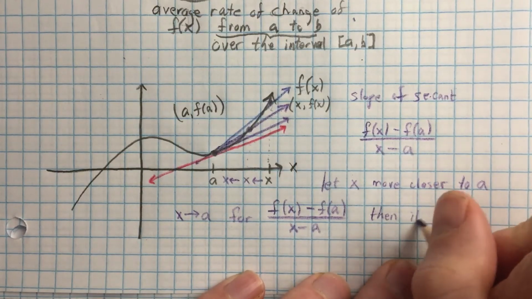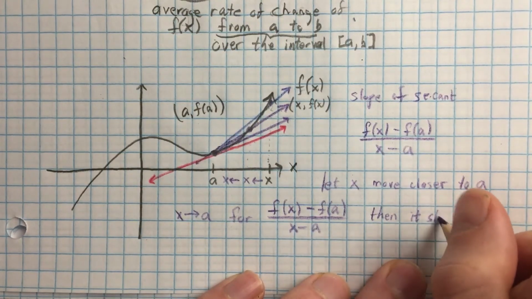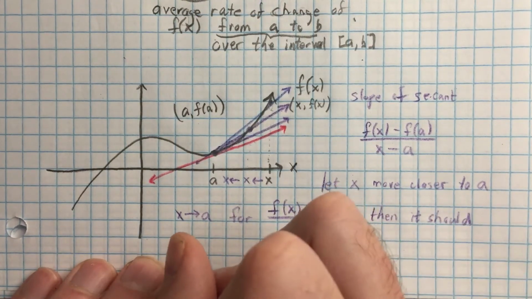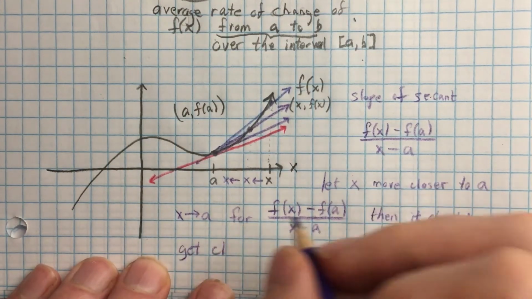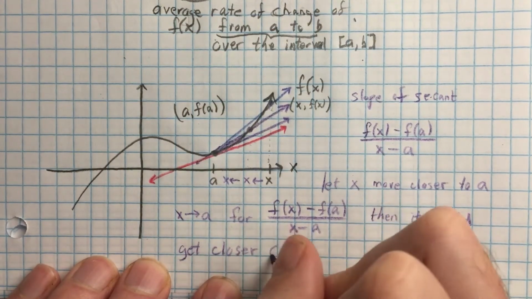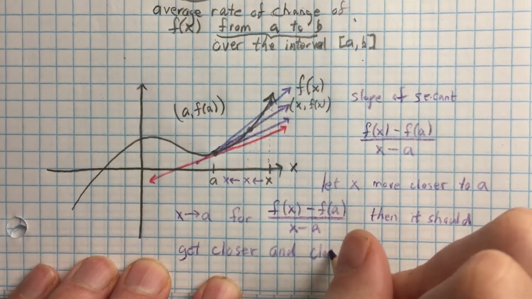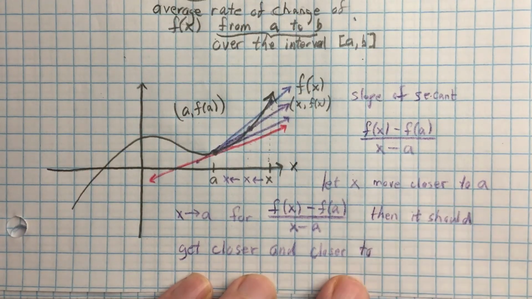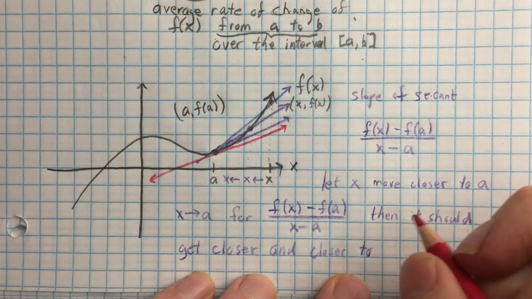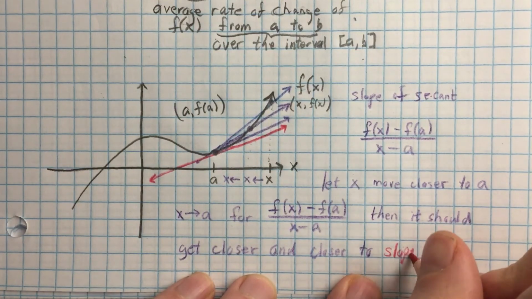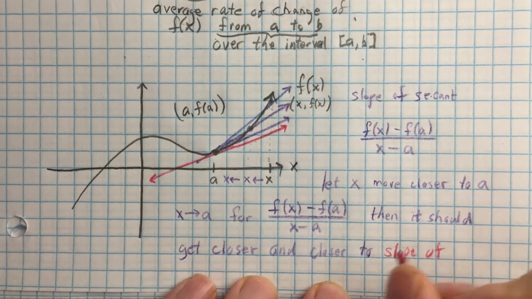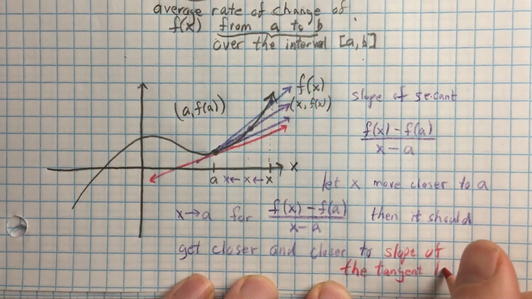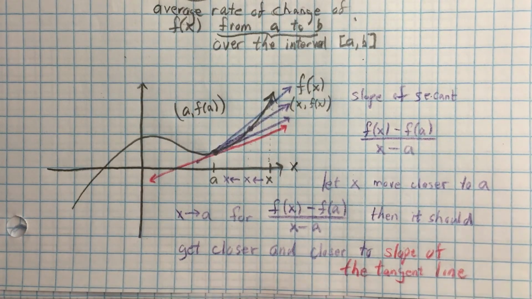then in theory, right, it should get closer and closer, i.e. approach, right? Maybe even converge. It should get closer and closer to the slope of the tangent line, which is the slope of the curve.